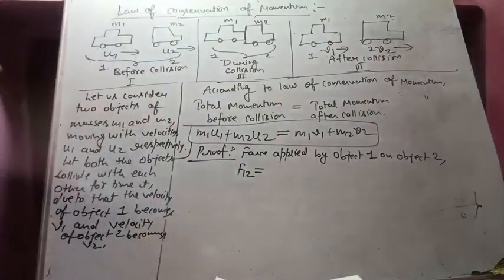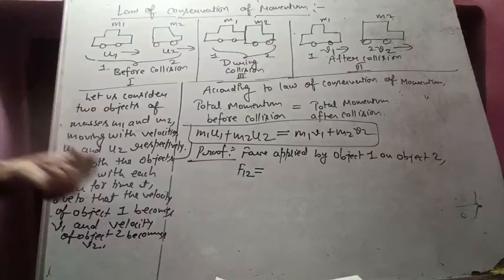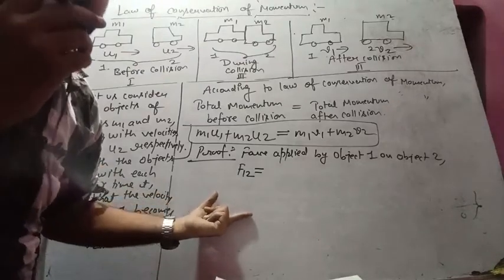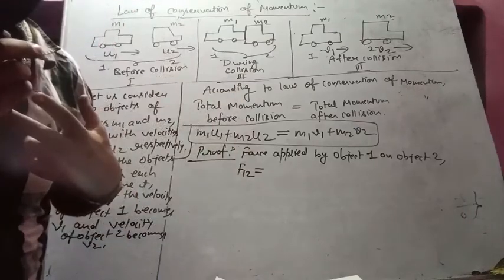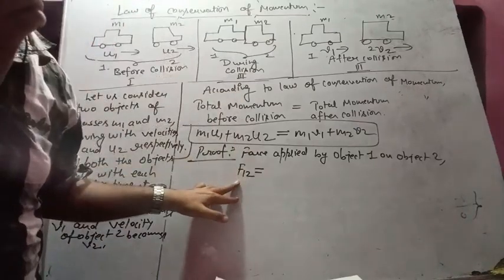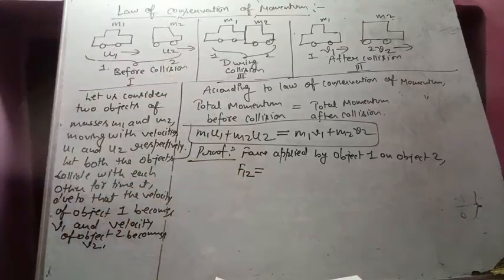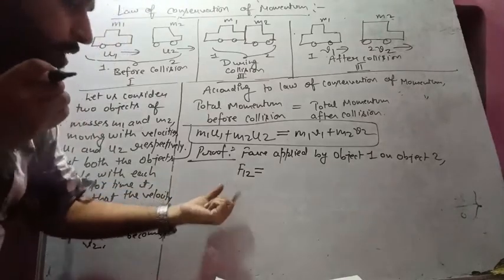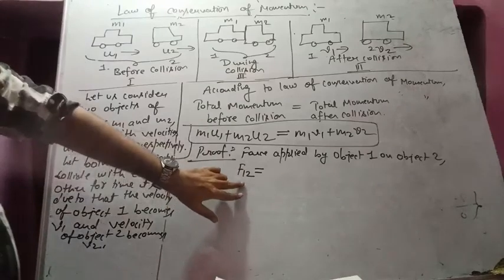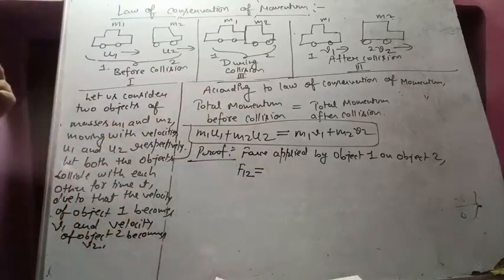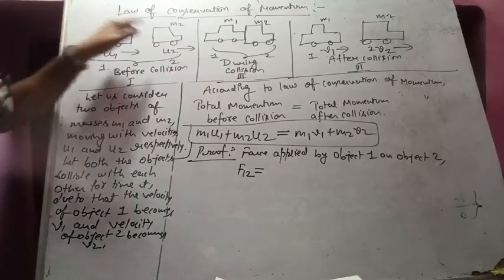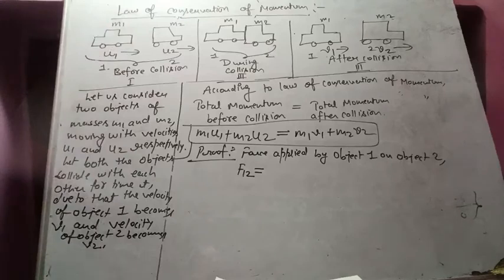Now how to calculate the force applied by object 1 on 2? We already have studied it in the second law of motion. According to the second law of motion, the force applied on an object is the product of mass and acceleration. Which mass are we discussing, first or second? Who has applied the force? 1.